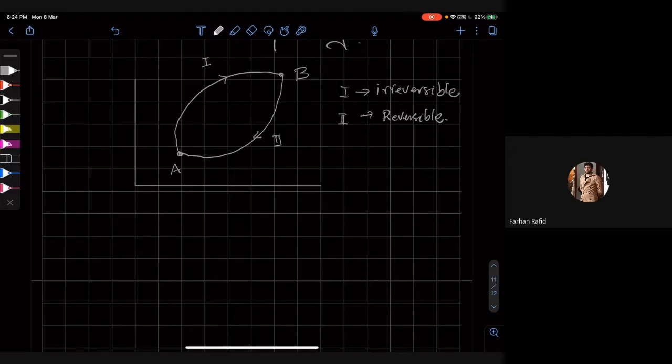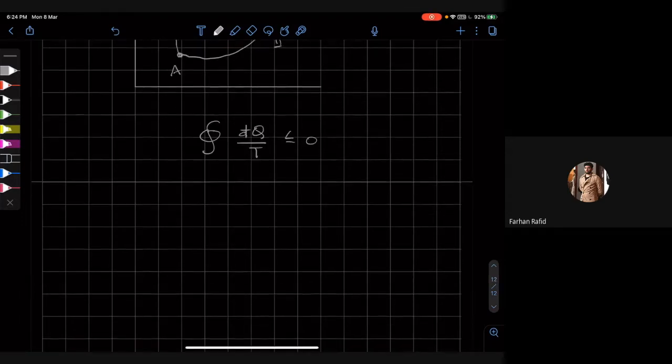So then, according to Clausius, that the integral of dq over T over this closed path is less than or equal to 0. Now we can divide it into two paths, right?